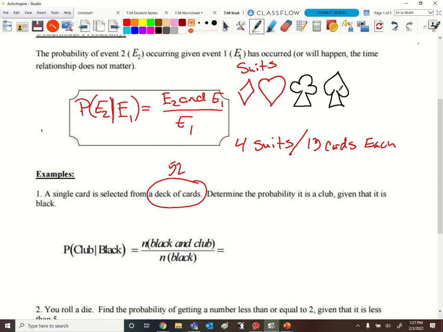Guess which ones are black? 2 out of the 4. The club and the? Yeah, so that should be pretty easy to see, right? And if you didn't know that, then please write that down also, because that's going to be helpful and beneficial. It was kind of weird that when I talked about it before, people didn't know all the suits. They couldn't tell me the 4 suits. The clubs, the diamond, the hearts, the spades. Yeah, they couldn't tell me those.